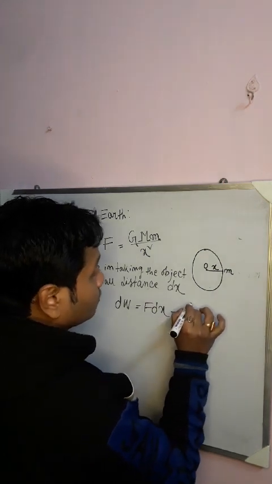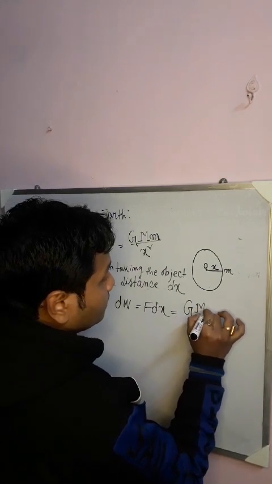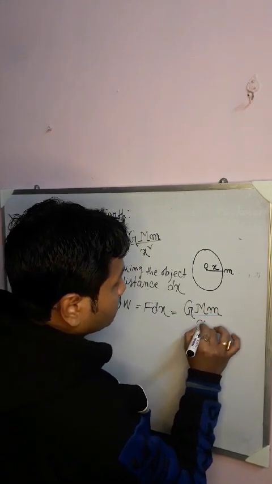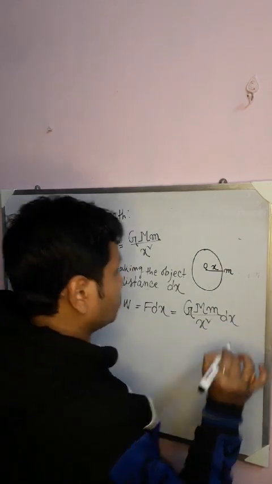So this is simply G M m by x square into dx.